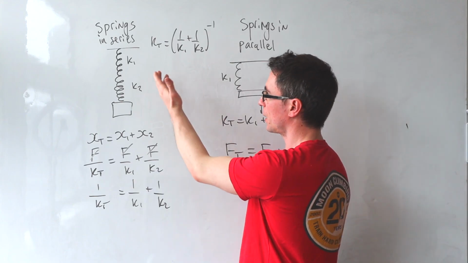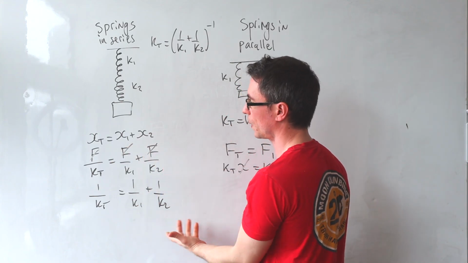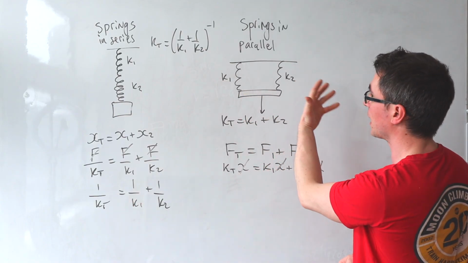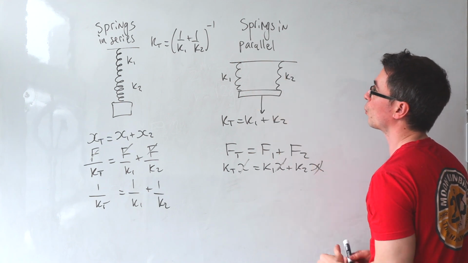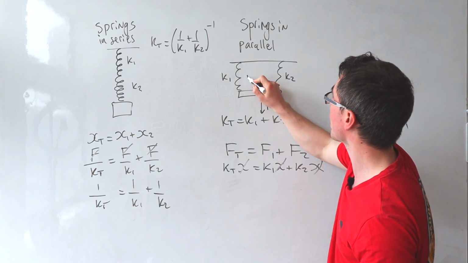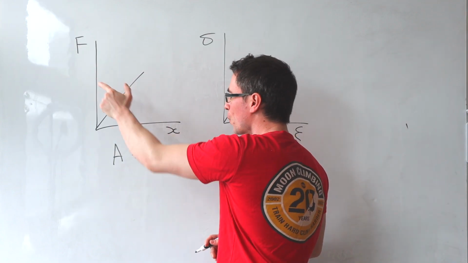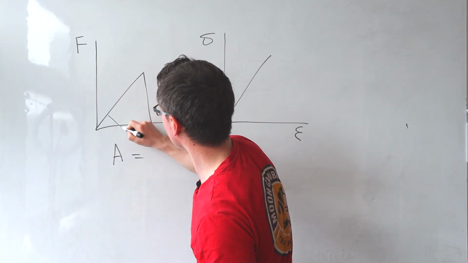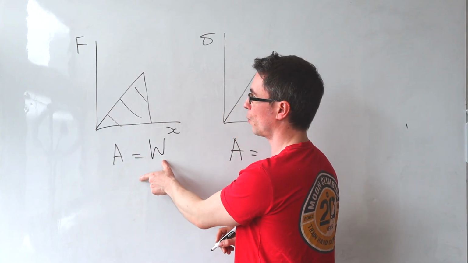This is because in series, they actually share the same force, and the actual extensions are added, giving us this rule, and here the extensions are the same, so they cancel out, but the actual force is shared between the two springs.